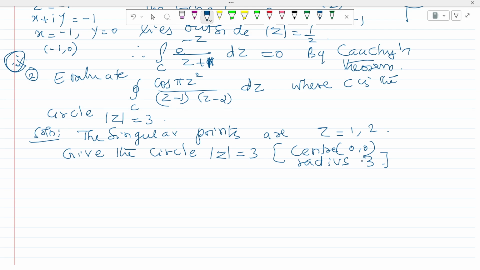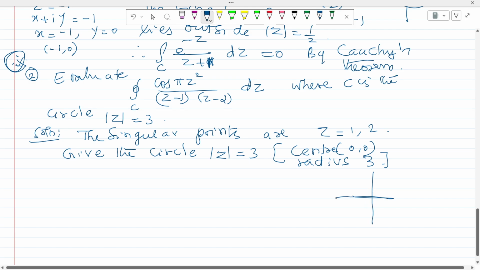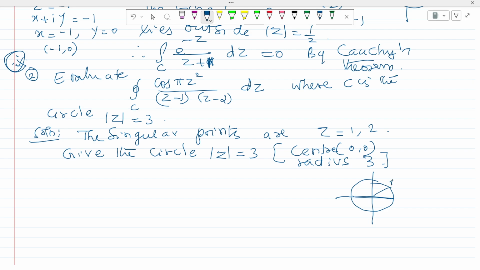So when the radius is 3, are the singular points inside the circle or outside the circle? You can draw the diagram for this. The radius is 3 here. So z equal to 1 is here, z equal to 2 is here. Both these points lie inside the circle.